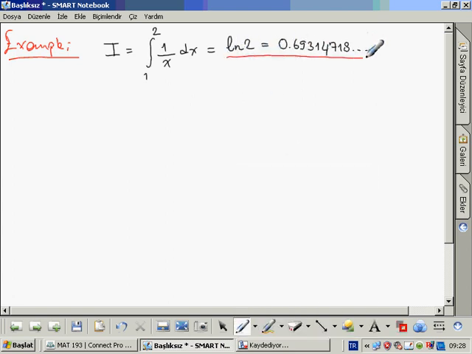And let's now calculate these values by the trapezoid rule approximations, the T4, T8 and T16 values.